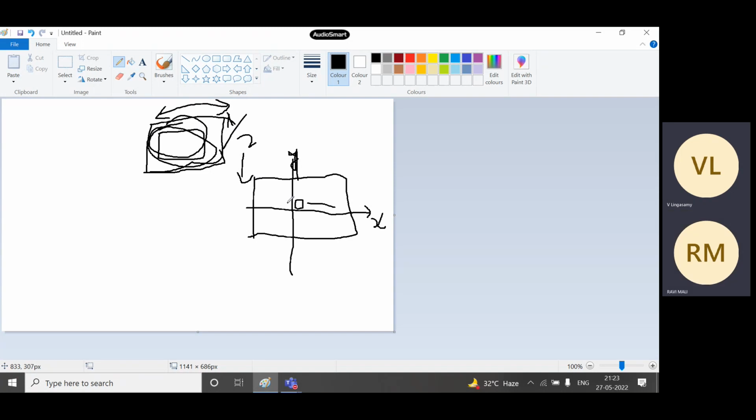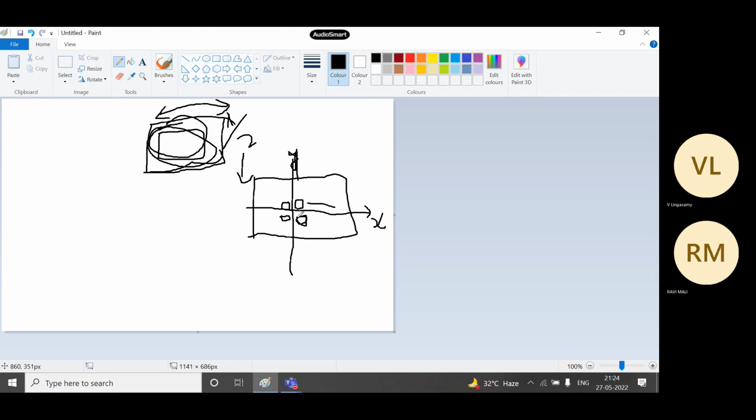If it is a symmetrical array, you will have one element in each quadrant, so all four will be the same if you have a symmetrical structure.